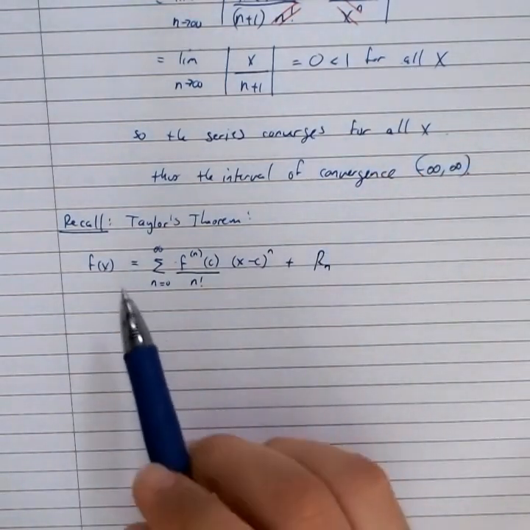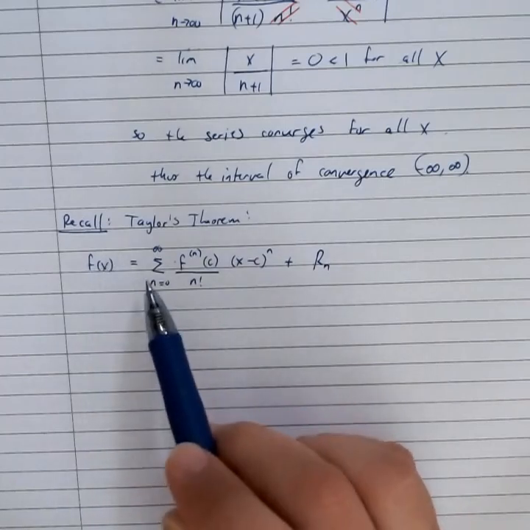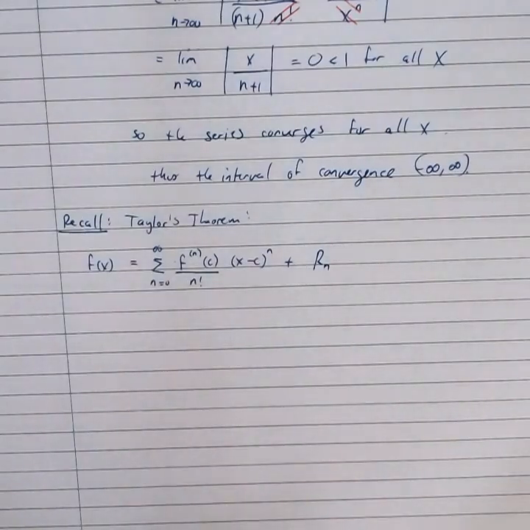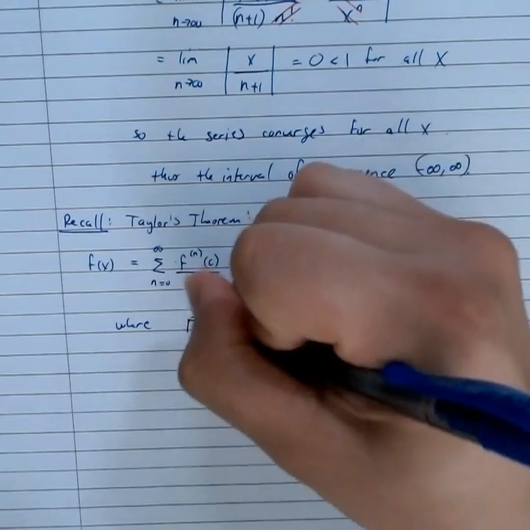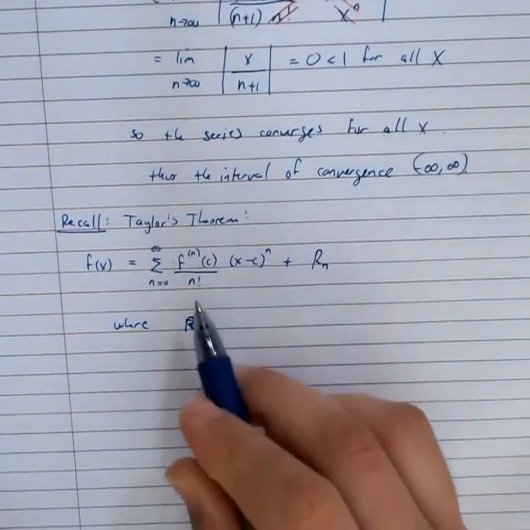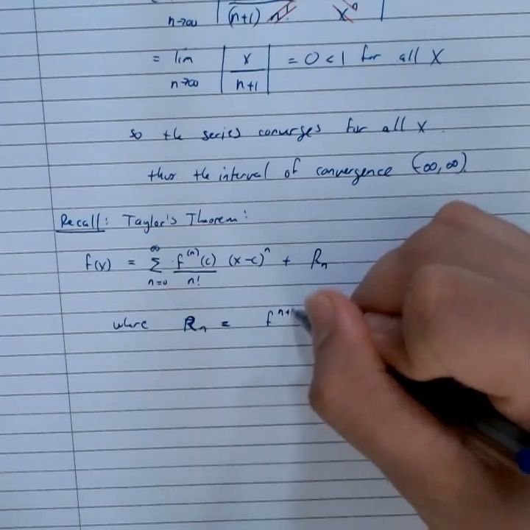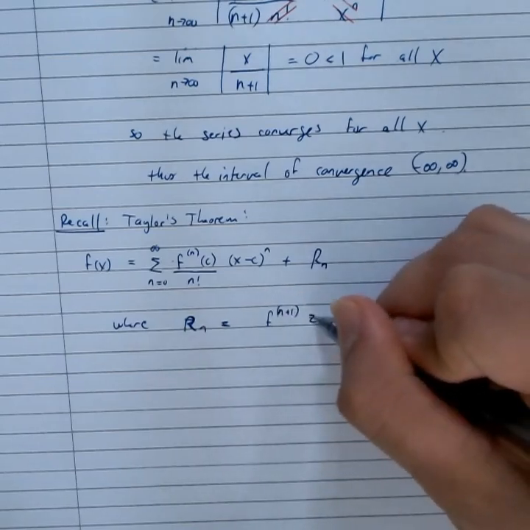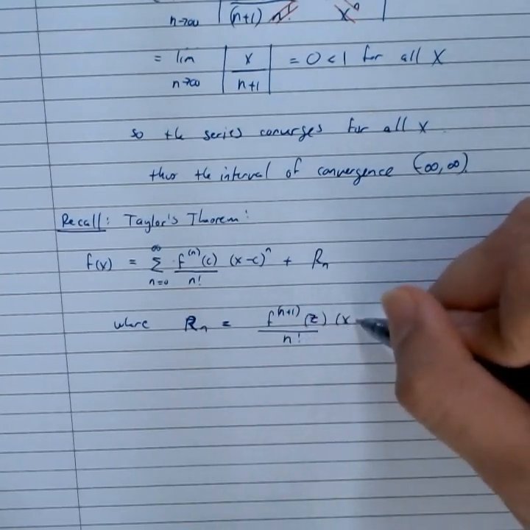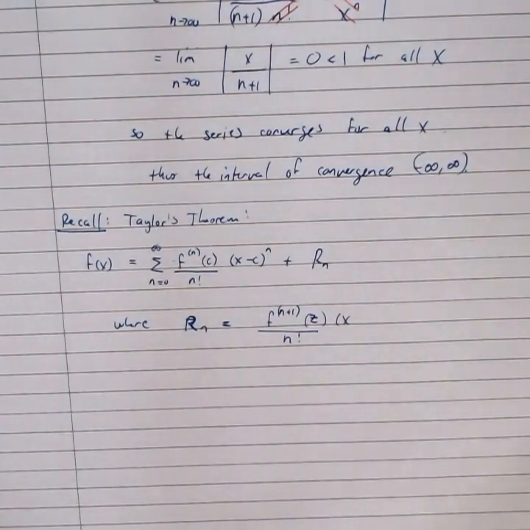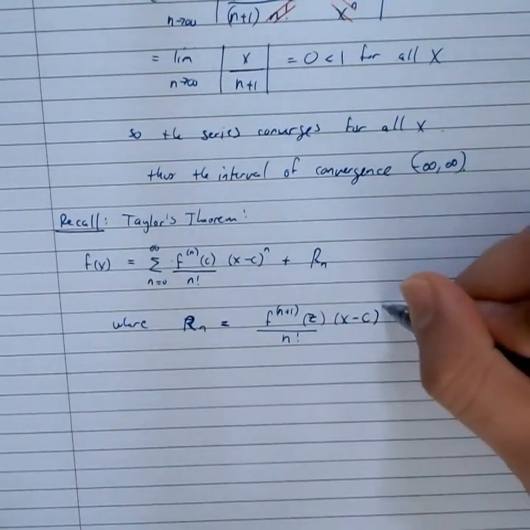That was Taylor's theorem. Here I'm glossing over a few things, but essentially it said that the function is equal to its Taylor polynomial plus this little extra, where the nth remainder is going to be given by the n plus first derivative of f evaluated at z over n plus 1 factorial, times x minus c to the power n plus 1.